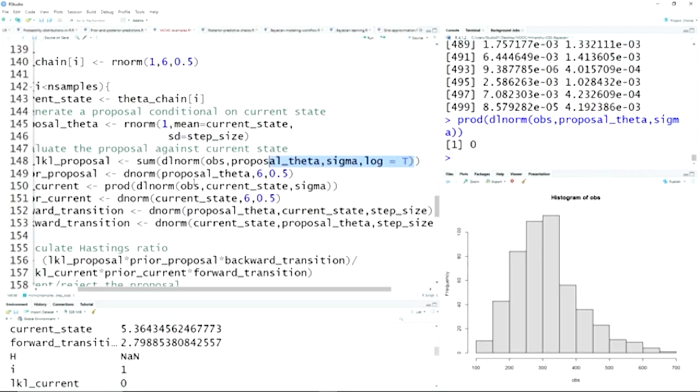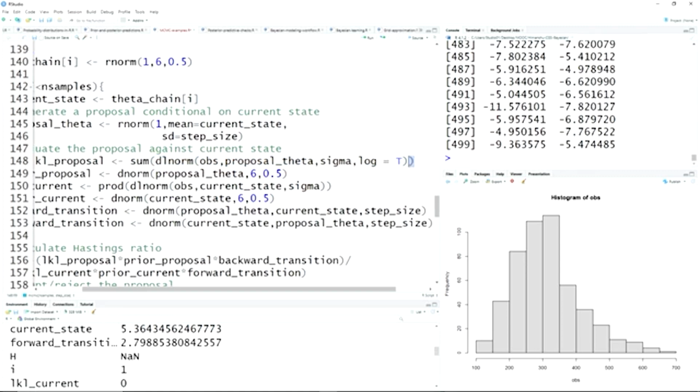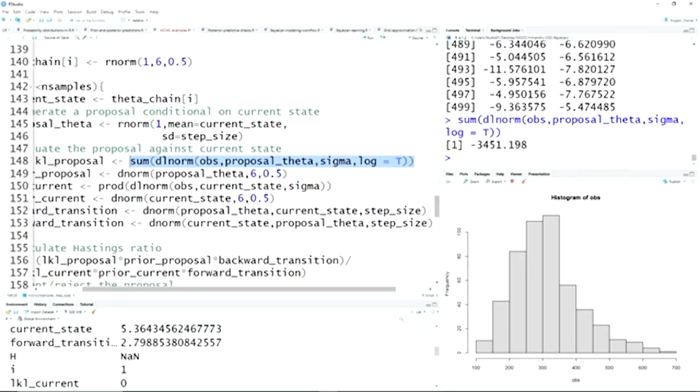Okay. So, when I put this argument log equals to true, this would give me these likelihoods on log scale. See, minus 6, minus 11, these are small negative values, and when you take their summation, the log likelihood would still be a reasonably small negative value. So, minus 3451, right.